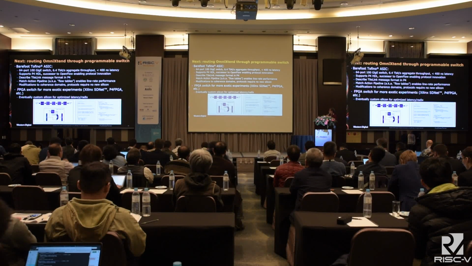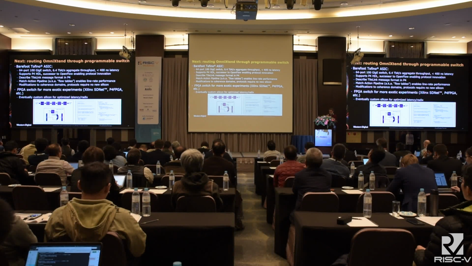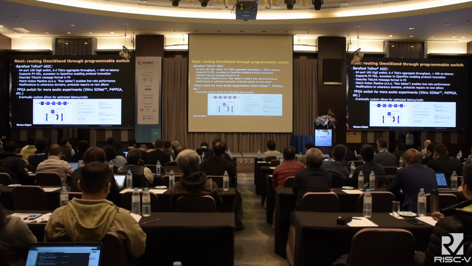You can, for instance, partition the system and program the switch to restrict where messages can go. You can use an FPGA switch for more exotic experiments, but we've been using the Tofino switch. And eventually, when everything's working, you can generate some custom silicon to really optimize the latency and the number of ports.